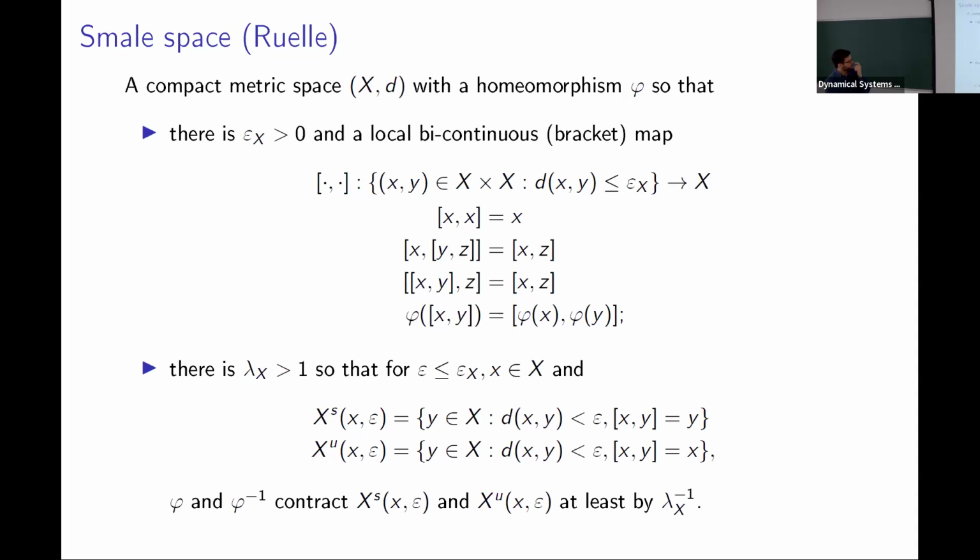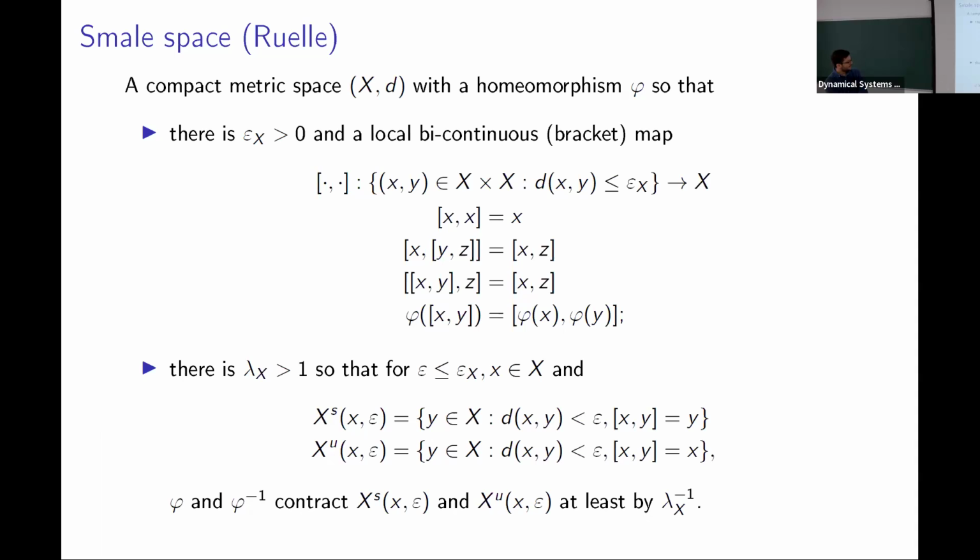And moreover, you have this existence of local product structure around every point, and then using this bracket map, you can make sense of a stable set around x, small enough, so you pick some epsilon, and an unstable set.